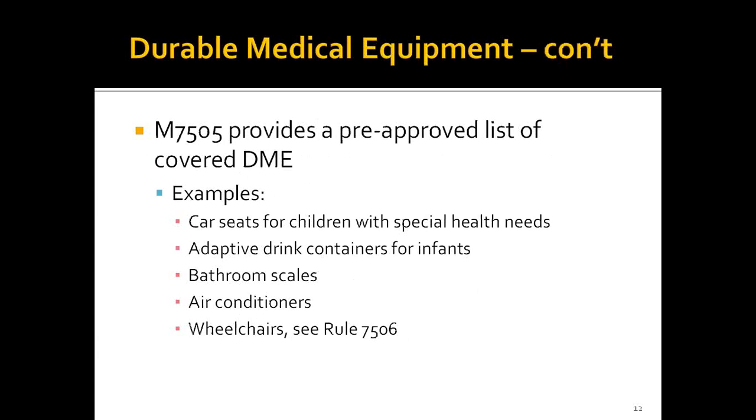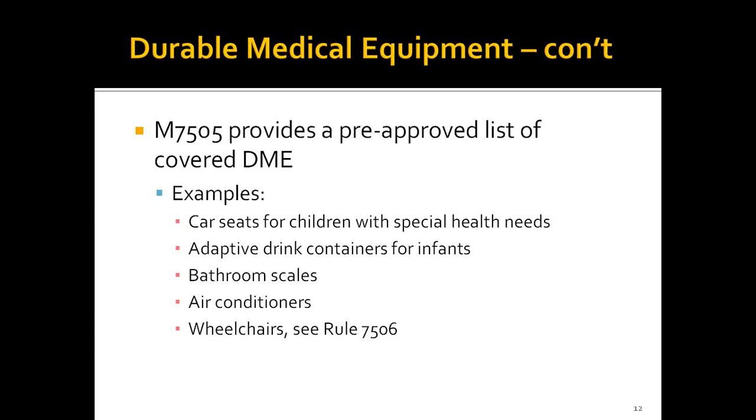Here again is a list of some of the pre-approved covered DME. What I thought was interesting when I went back and looked at the list is that some of the examples of covered items are also included in the list of non-covered items. I will talk later in the presentation about the exemption provisions, which is a process by which you can ask that Medicaid cover something that's not on a pre-approved list.